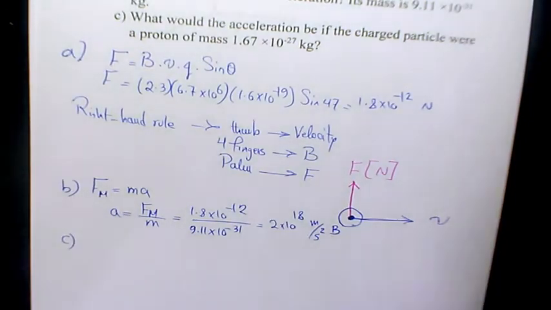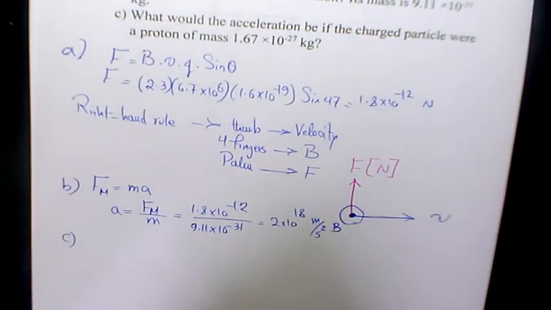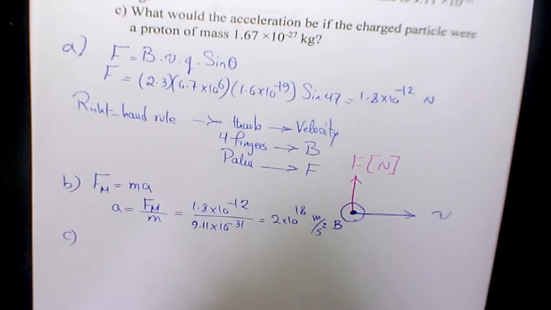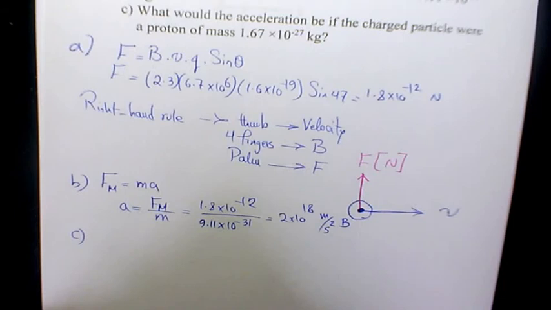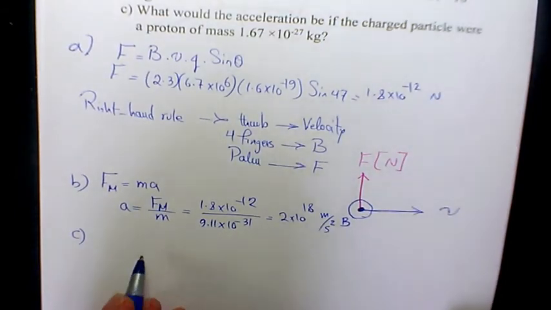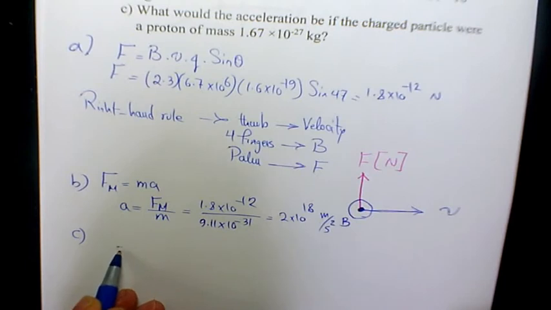Part C, it says, what would the acceleration be if the charged particle were a proton of mass 1.67 times 10 to the power of negative 27? So in this case, we need to find out F again.